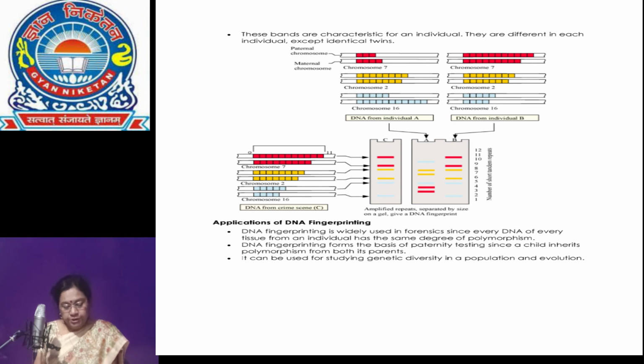Next, it is used to determine population and genetic diversities, to study evolution in organisms, including human beings, and finally, to study evolutionary biology. So, thank you for this session.